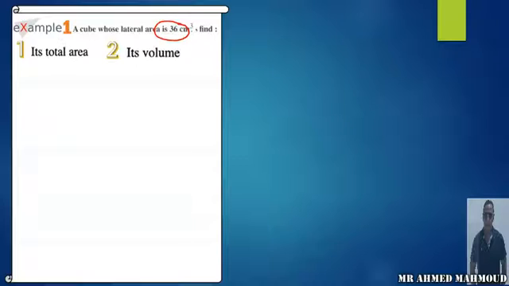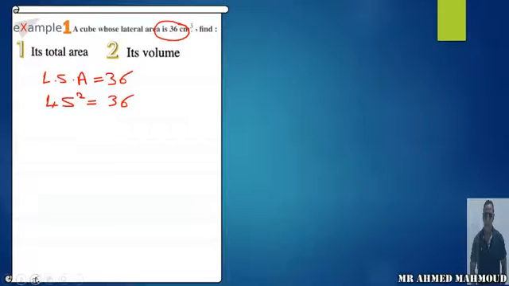Here we have LSA, which is the given, equals 36. Then we replace LSA by its rule, which is 4 times s power of 2, equal to 36.